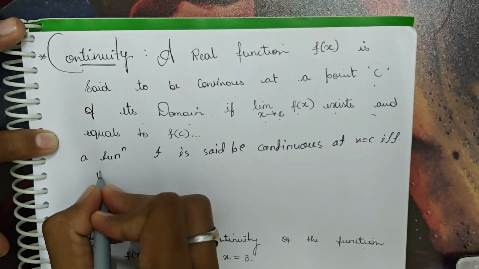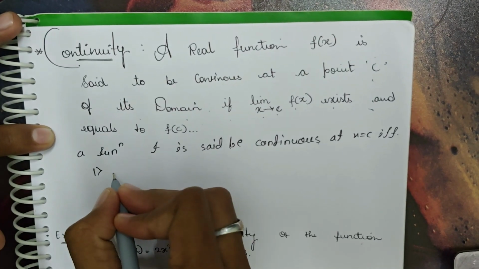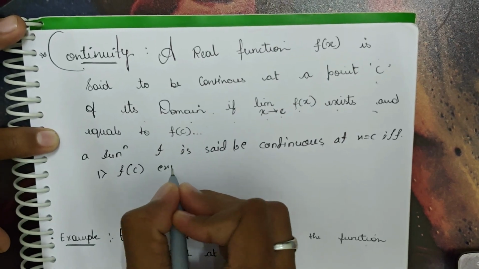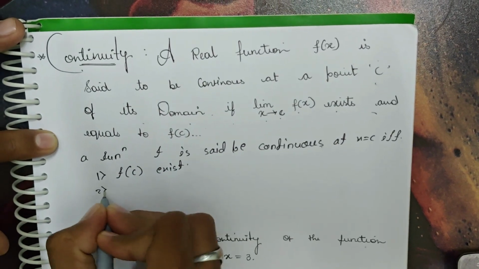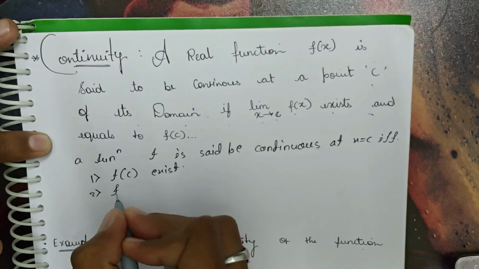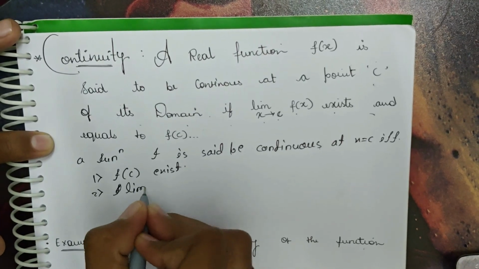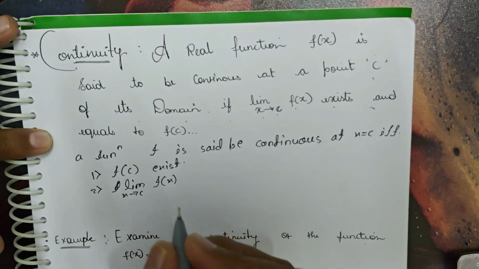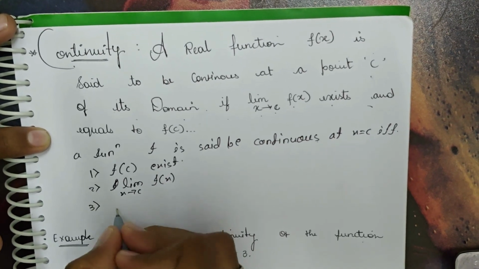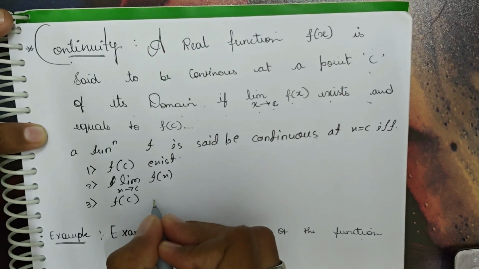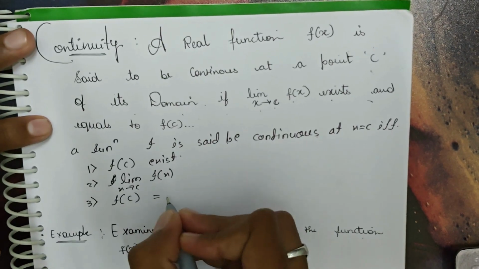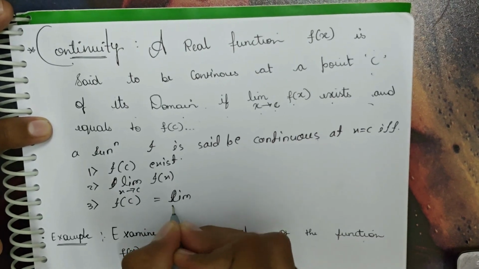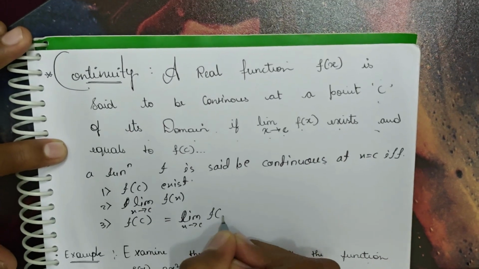What are those conditions? First condition, f of c has to exist. Another condition, the limit x tends to c of f of x has to exist. And the third one, f of c has to be equal to the limit x tends to c of f of x.